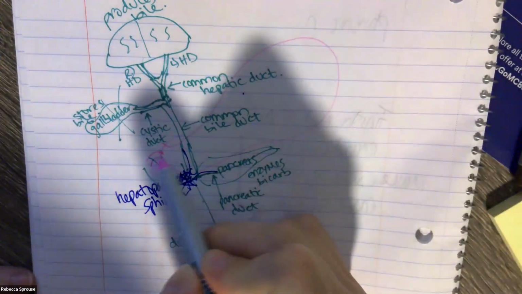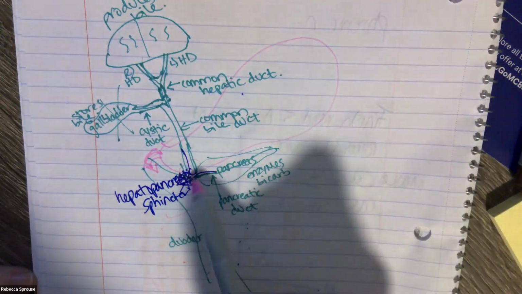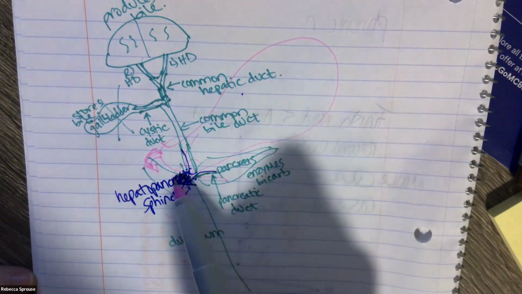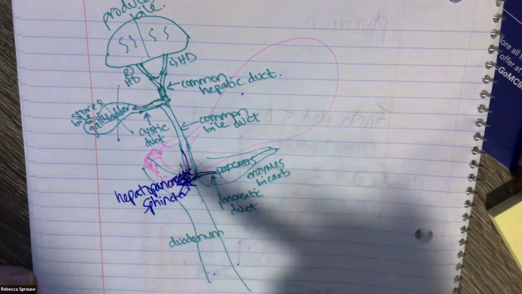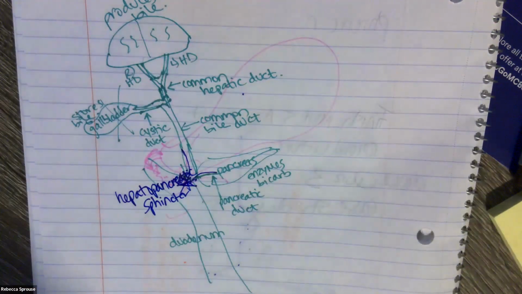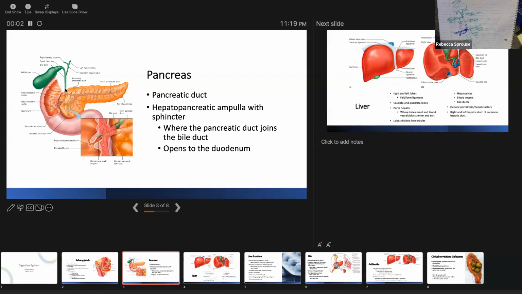So as soon as contents from the stomach dump into the duodenum, that triggers this hepatopancreatic sphincter to open. And then bile and enzymes can come in and get to work on those substances coming from the stomach.